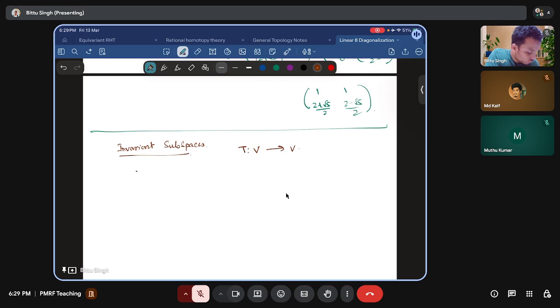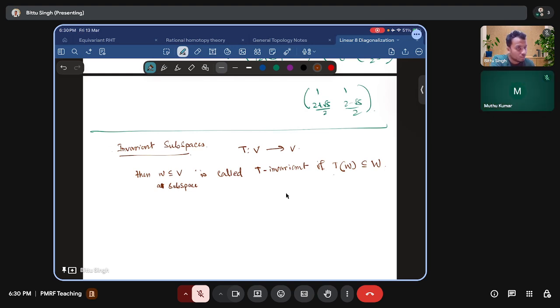Then W, a subspace of phi, is called T invariant if T of W is contained in W. Okay.